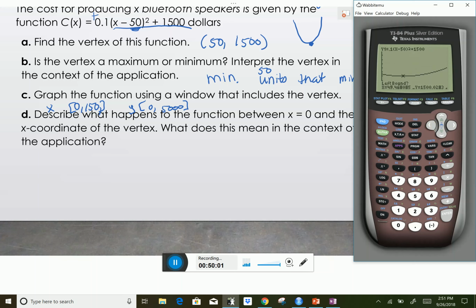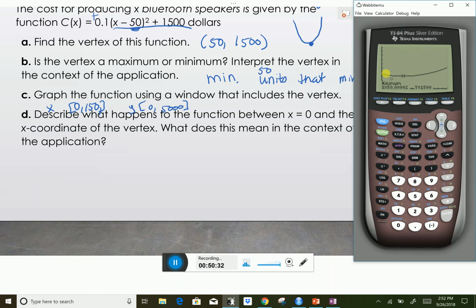One of the mistakes that I saw on the test is people weren't making this bound small enough, and it was giving answers that were off. Enter right bound. I want as close to 50 as I can. So we notice that we have x equals 50, and there's our minimum.